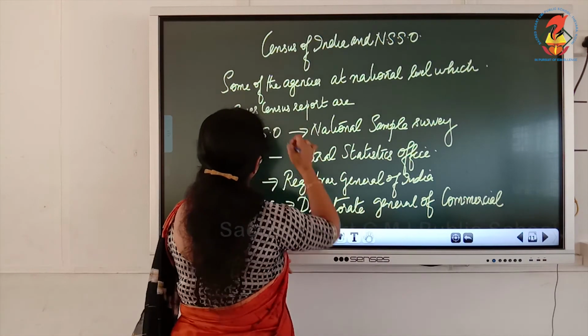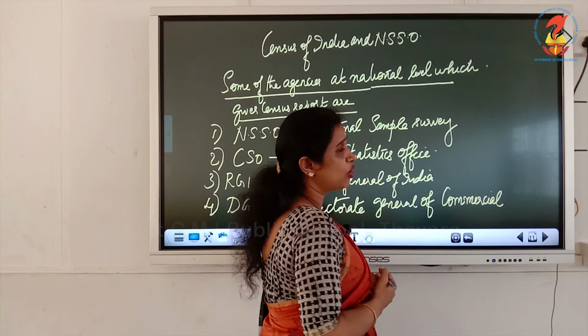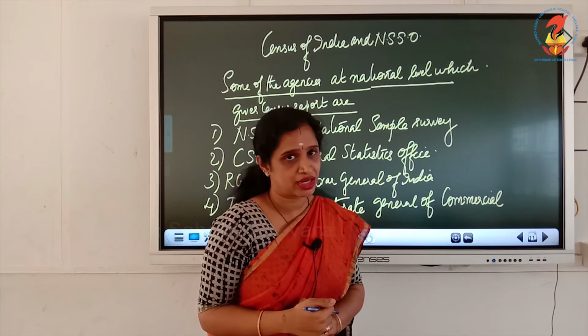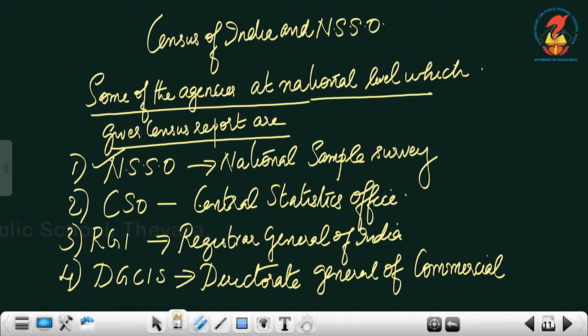Now let us have a brief study of which are the census taking organizations in our country. Some of the agencies at national level which give a census report. Number one is N.S.S.O, that is National Sample Survey Organization. Number two, CSO. What is the full form of CSO?